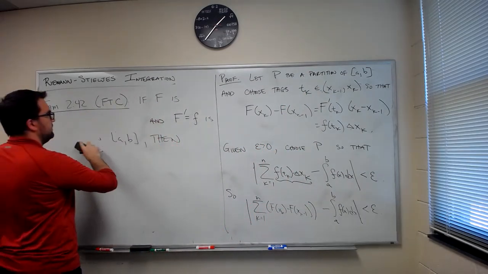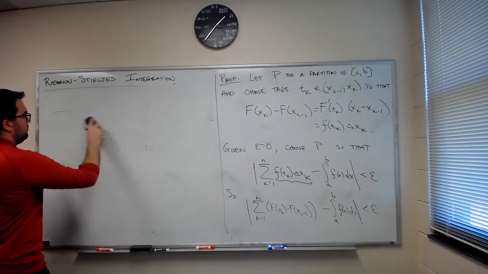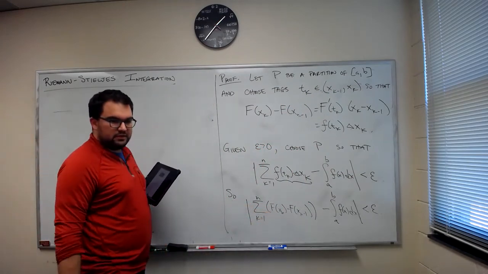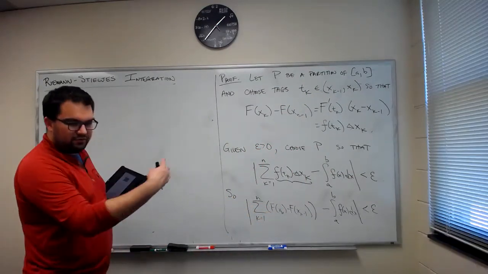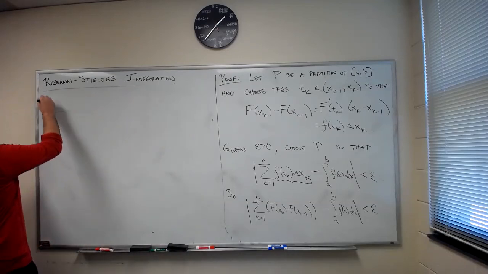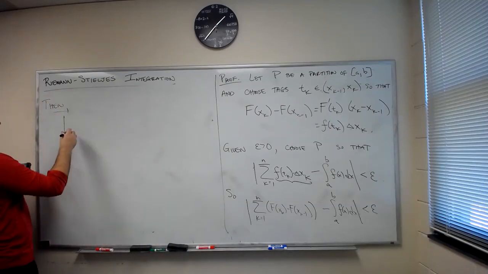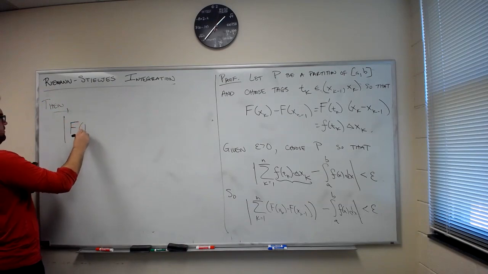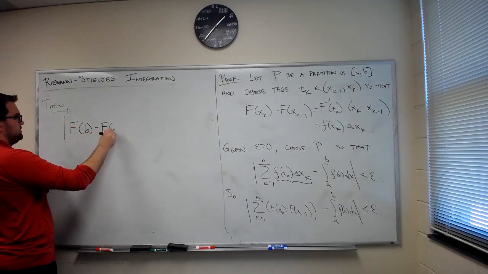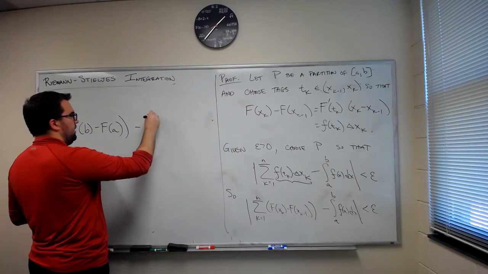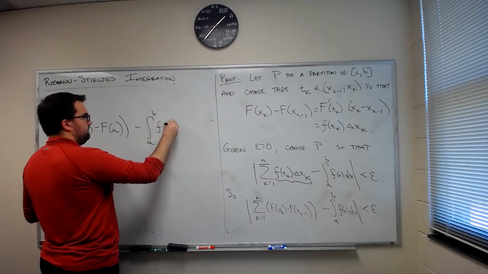But then what happens? Well, if I look at this sum, this is again a telescoping sum. So just like we did in the last problem, write out the terms and you'll see that that sum collapses to capital F of b minus capital F of a. And then I also have minus this integral.